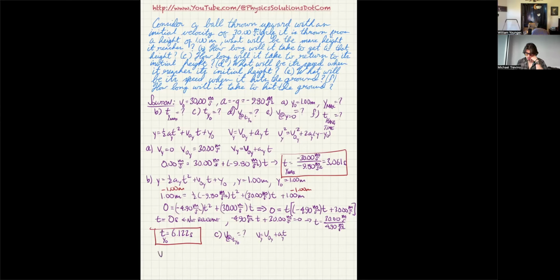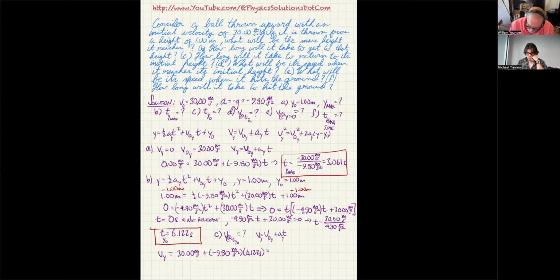We can just say vy is equal to 30.00 meters per second plus the acceleration, negative 9.80 meters per second every second, times, of course, t. And that t is the 6.122 seconds.